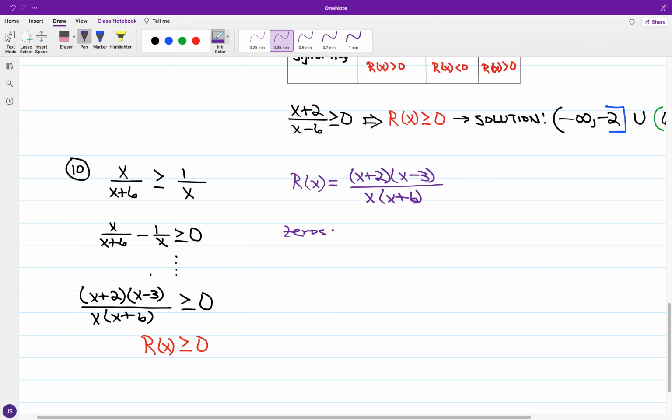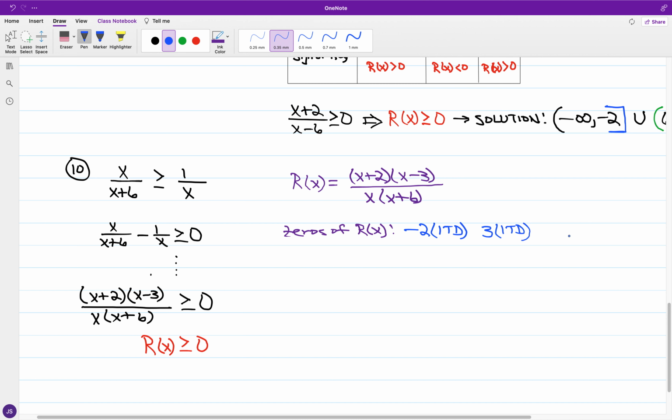Now for the zeros of r of x, from the numerator we got negative 2, and that's going to be in the domain, so I can have a 0 in the top part of the fraction. From x minus 3, we'll have 3, that is in the domain.